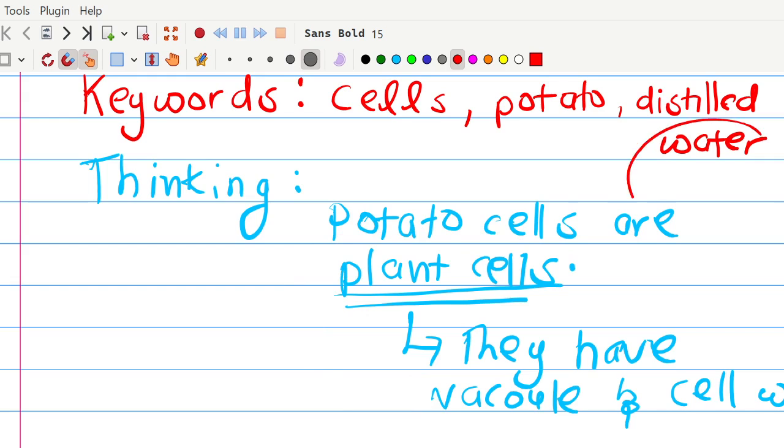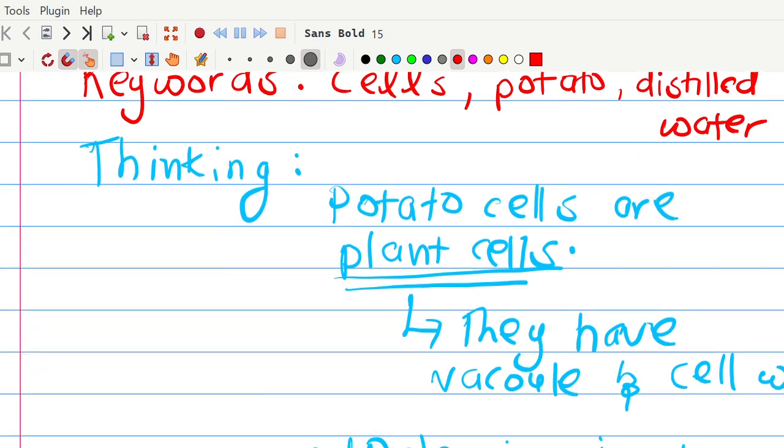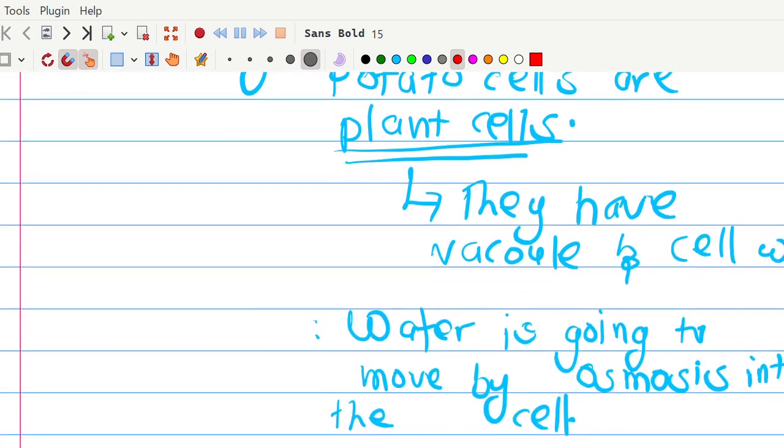Okay, water. What can I say about water here? Water is going to move by osmosis into the cell. There's going to be movement of water. So what is osmosis?